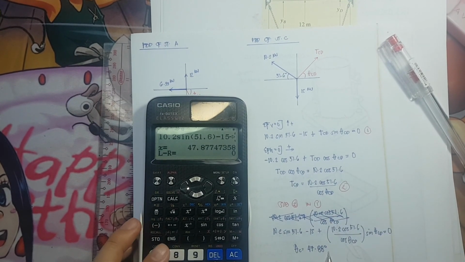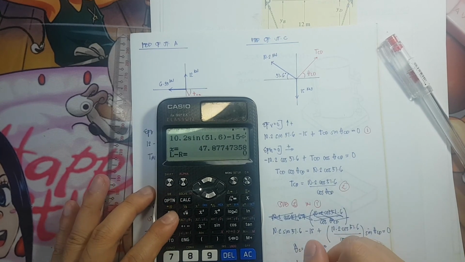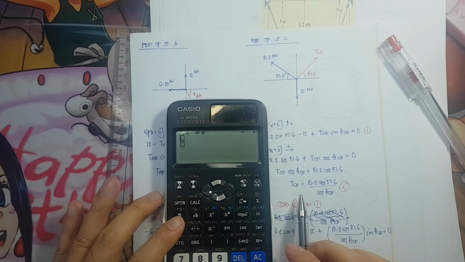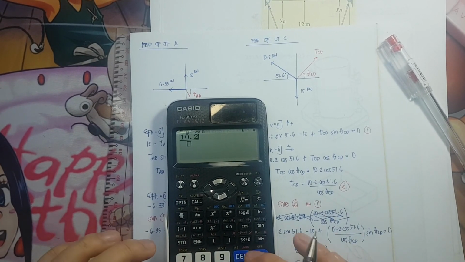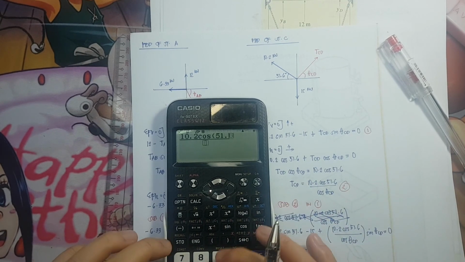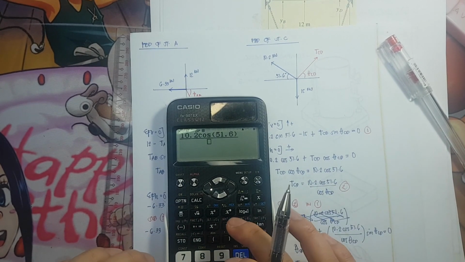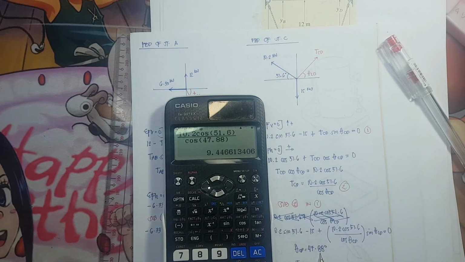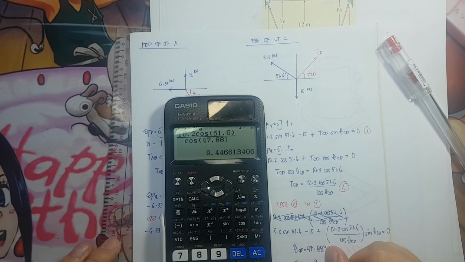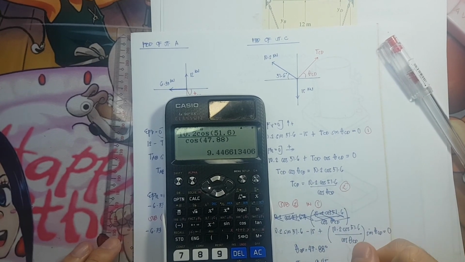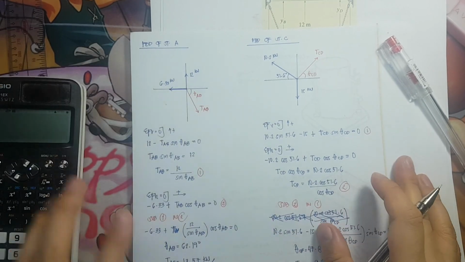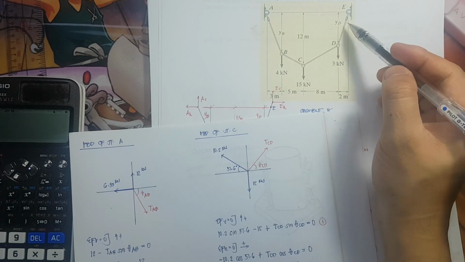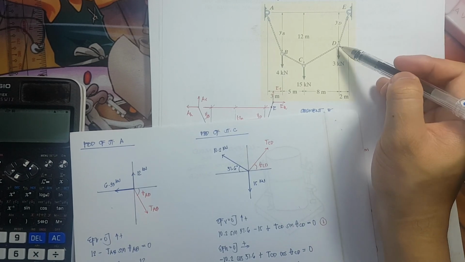So substitute this to our second equation. TCD is equivalent to, what is the value there? 10.2 cosine 51.6 divided by cosine of 47.88 degrees, and that is equivalent to 9.45 kilonewtons.